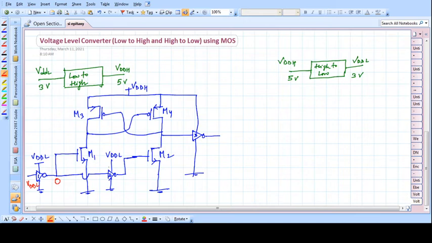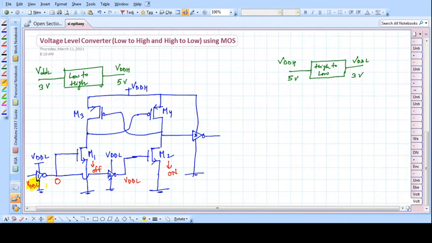After that, one more inverter is there, so its output will be high. This VDD-L will turn on the M2 transistor, so M2 becomes on and M1 becomes off.